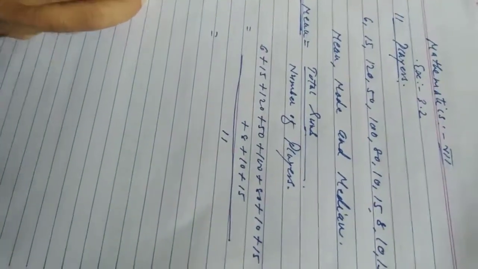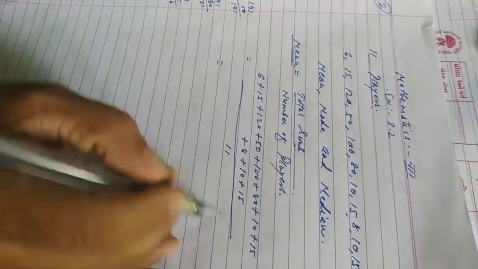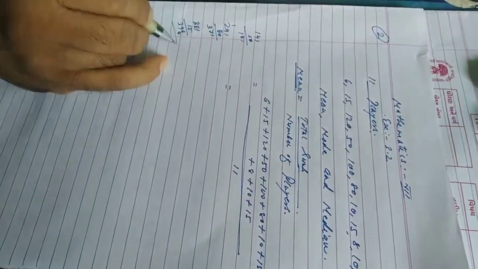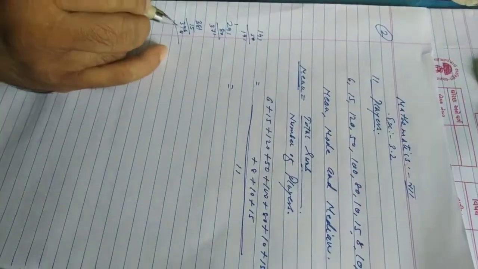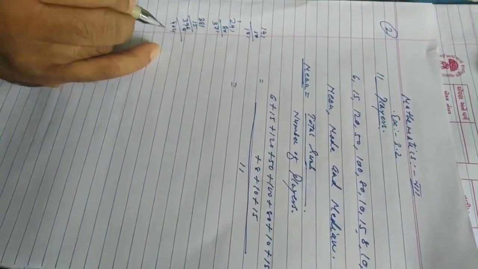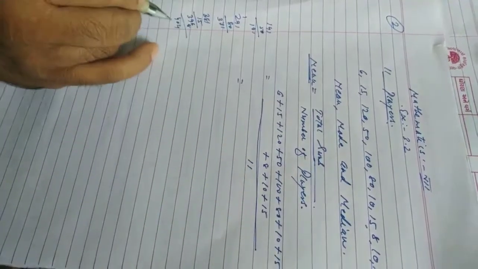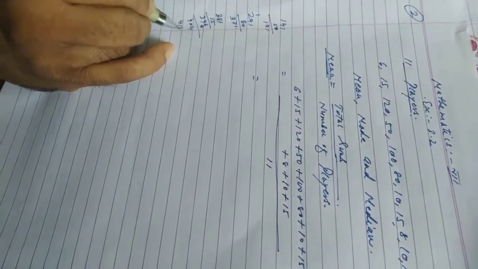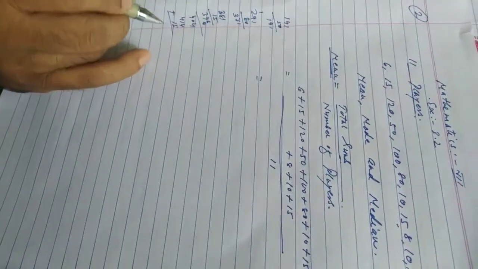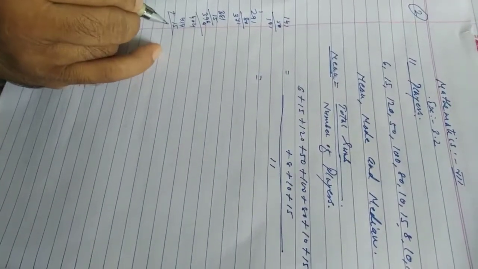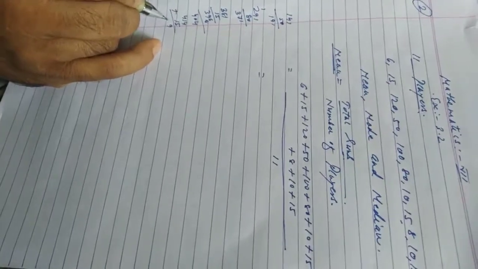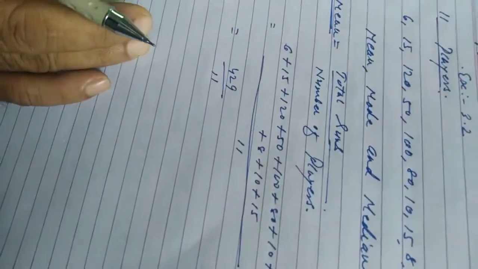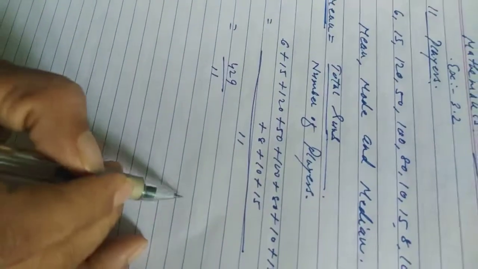Then 15, so 396. Plus 8, so 404. Plus 10 is 414, plus 15 is 429, upon 11.